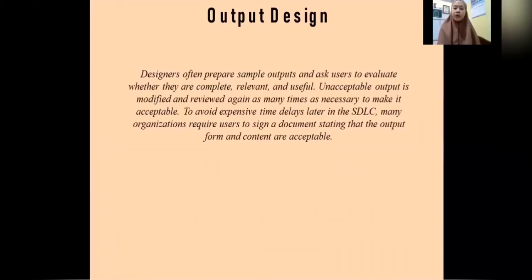To avoid expensive time delays later in the SDLC, many organizations require users to sign a document stating that the output format and content are acceptable.